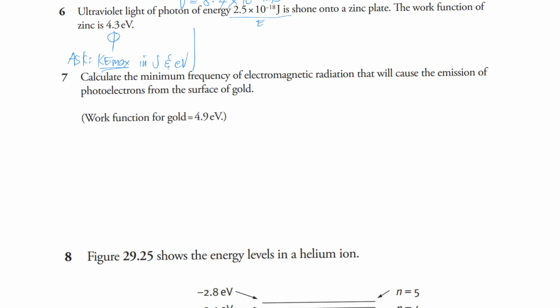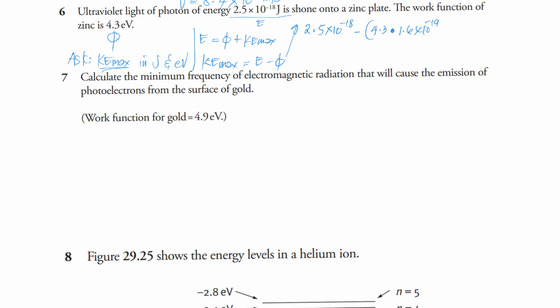The formula from Einstein is energy equals work function plus kinetic energy maximum. So it means our kinetic energy max would be energy minus the work function. So your energy is given as 2.5 times 10 raised to minus 18, minus your work function, 4.3, which you multiply by 1.6 times 10 to negative 19 because it's electron volt.